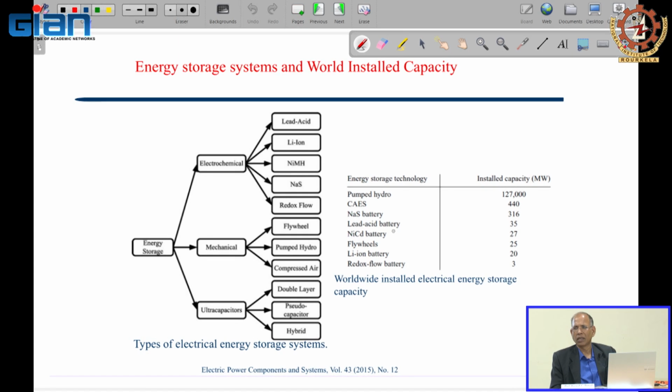Obviously, it is the pumped hydro storage. Okay. So, in the conventional power system, in almost every country, they try to have a few pumped hydro storage plants, because the storage capacity is generally significantly high, could be 500 megawatt, 1 gigawatt.